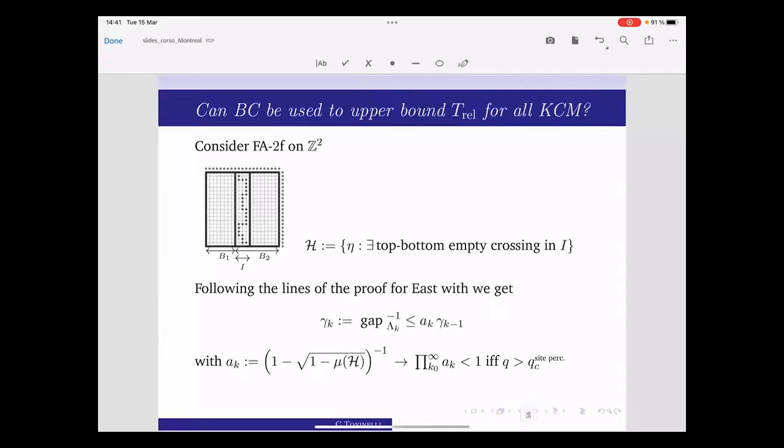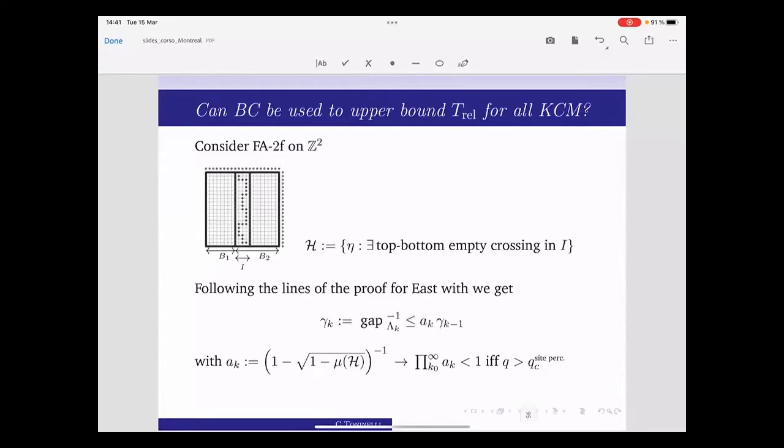If we take the FA2F dynamics and try to follow the same route, what would we do? We take a finite volume, and we would like to determine an iterative inequality on the relaxation time on a certain scale, upper bounding it with the relaxation time on half that scale.